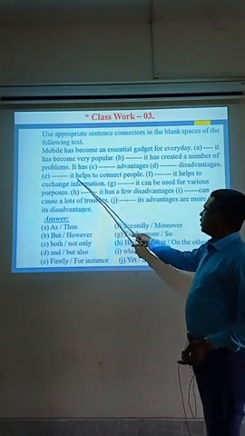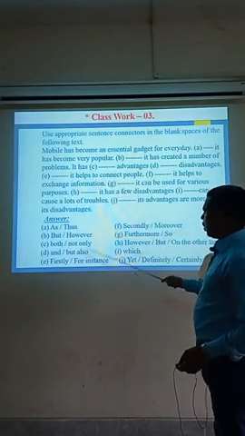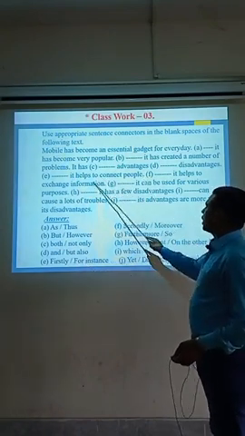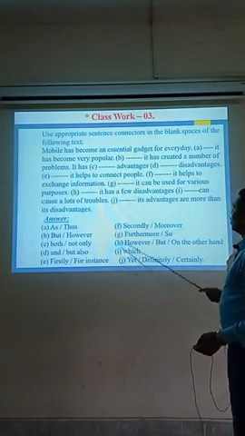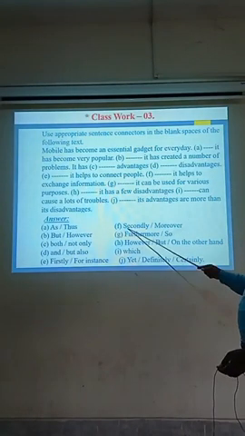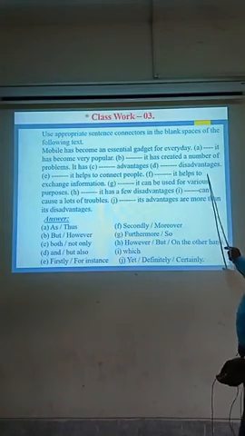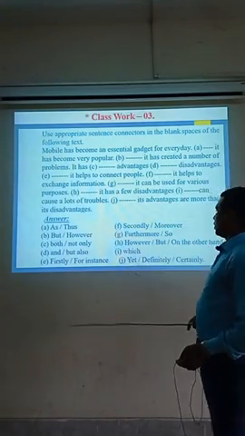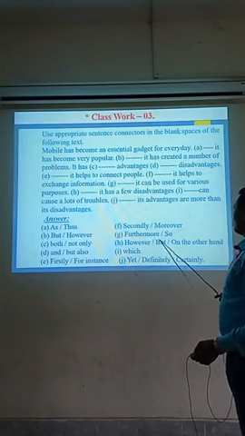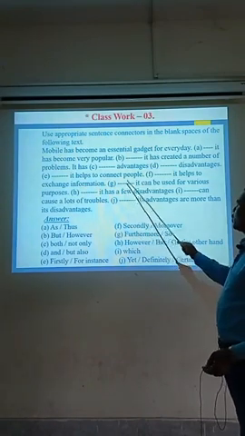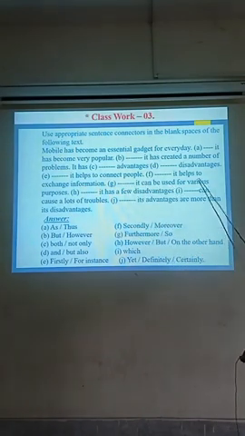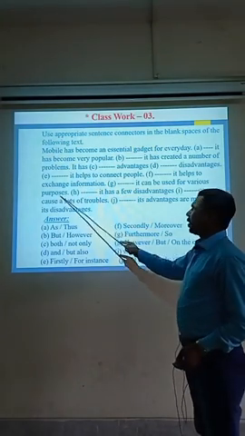Firstly, it helps to connect people, or for instance, it helps to connect people. F, secondly or moreover, it helps to exchange information. Number G, furthermore or also, it can be used for various purposes.